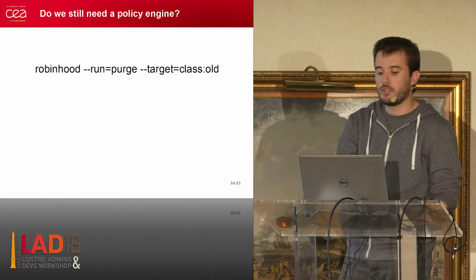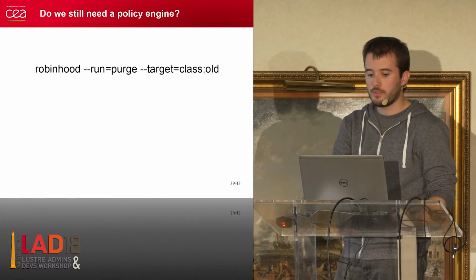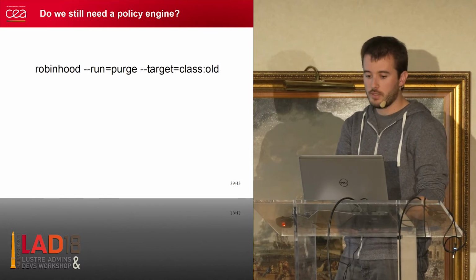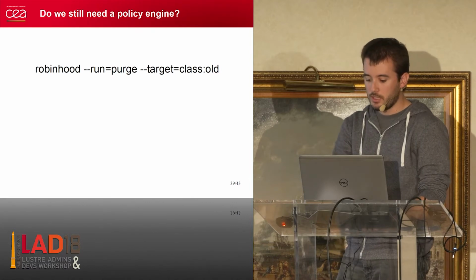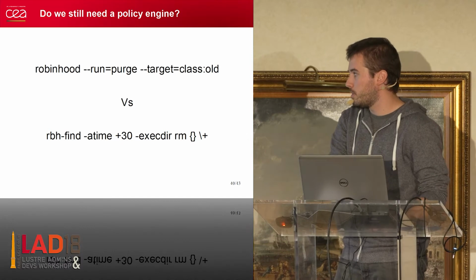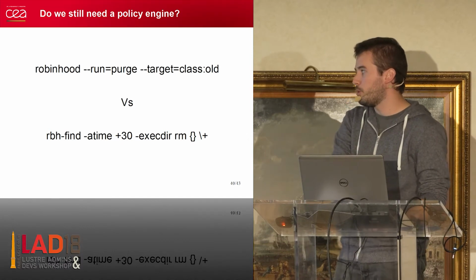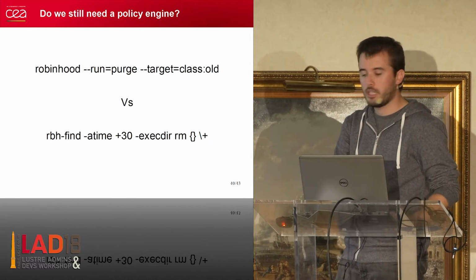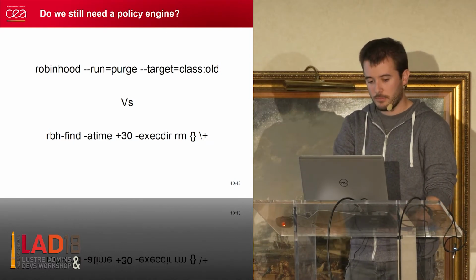For example, you can say that the file class old is just any file that has not been accessed for the last 30 days. And this actually could just very simply be a find command, something that would look like Robinhood find any file that's 30 days older, exec here and delete this.